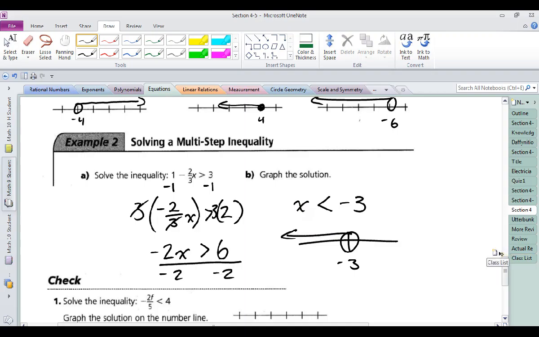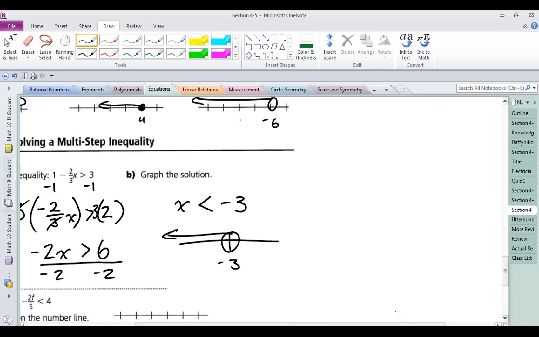Can everybody do this? Might I offer you a suggestion? Something that kids sometimes like to do is to take this question, 1 minus 2/3 x, and make it equals 3, so they don't have to care about the sign till the end. They do all the work, minus 1, minus 1.